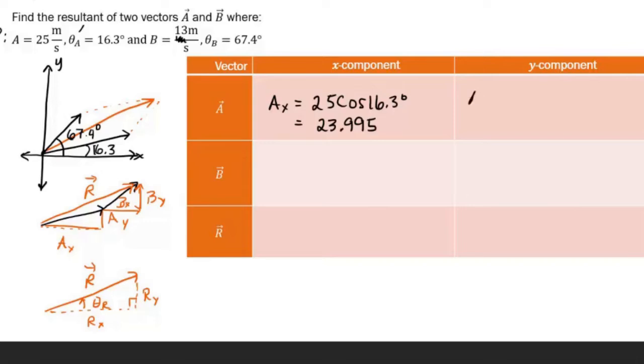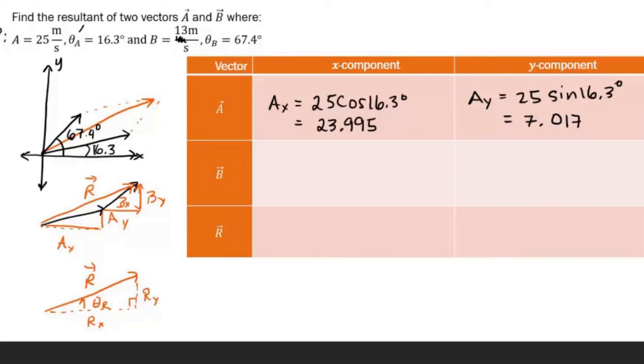What about the y component? The y component we always find by starting with the magnitude and multiplying that by the sine of the angle. So the sine in this case of 16.3 degrees. If we evaluate that, we get 7.017.